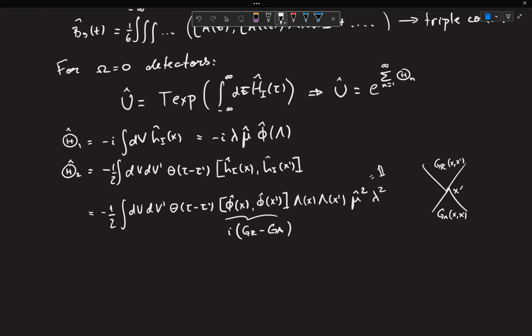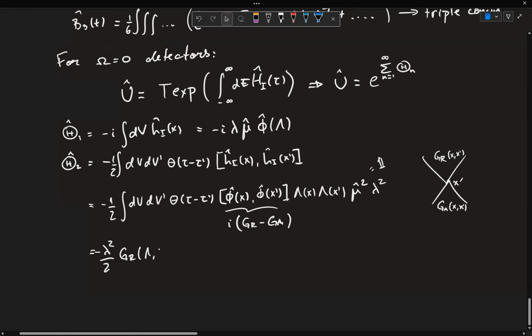So in the end, this thing here becomes minus lambda squared divided by 2 times the retarded Green's function evaluated at lambda, mu squared, which is identity, so shouldn't even write it. And that's it. It's done. And there's an i there that I missed. Okay, so this is just a global phase.